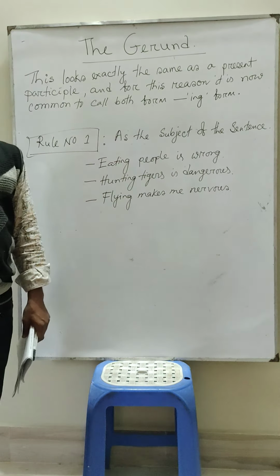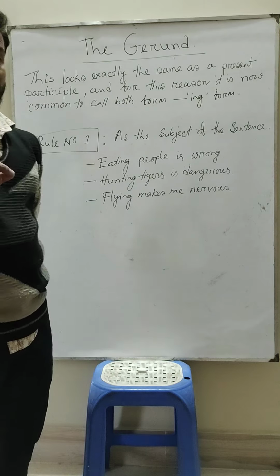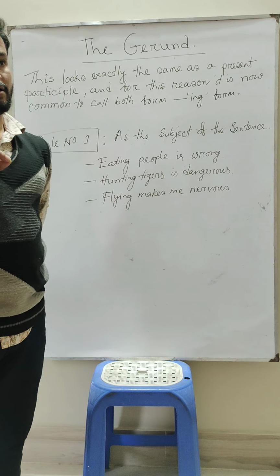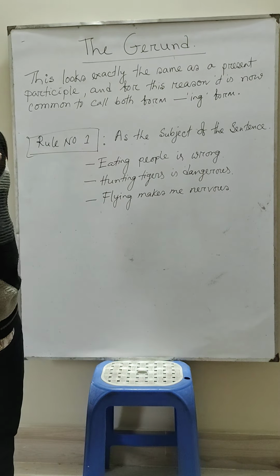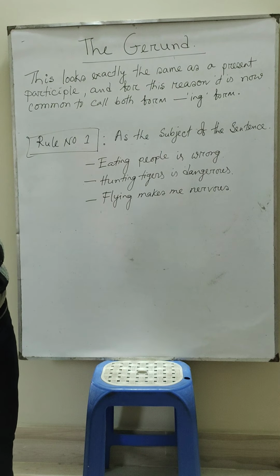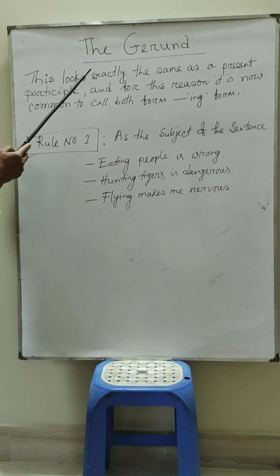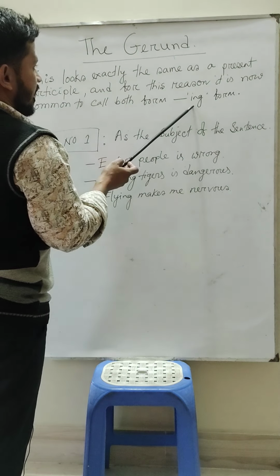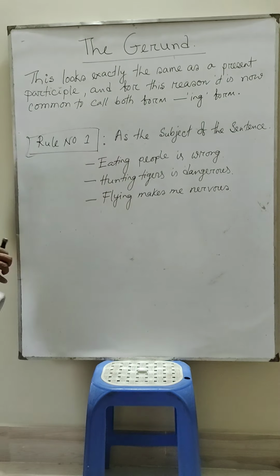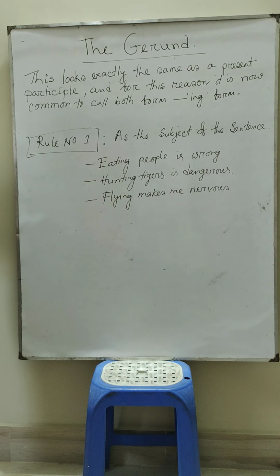Whenever you use the present participle, we say verb plus ing, that is the ing form, and here you find the same thing, the ing form. Actually it is useful to understand the difference between the two.